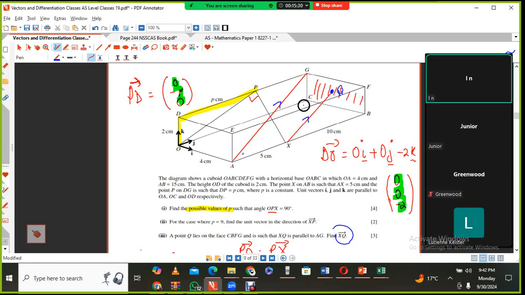What if I say that XQ will be some X component that we don't know, then 10 for the Y direction, and Z for the Z direction that we don't know.